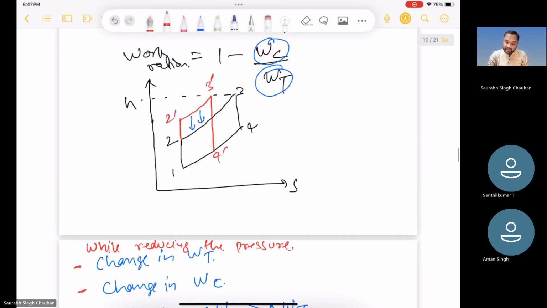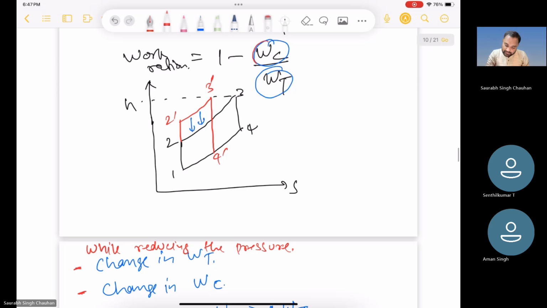If this WC is reduced more, then the work ratio will increase, right? Let us say you are keeping the turbine work fixed. Of course, it is changing, but for the time being, let us say turbine work is not changing, only WC is changing. So if you are reducing the WC, then this work ratio will increase, right?